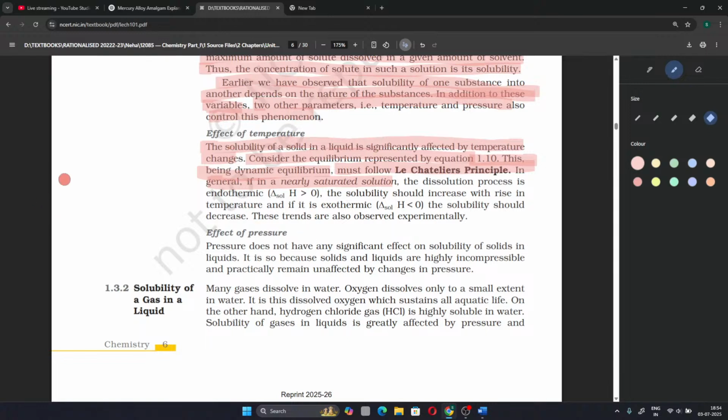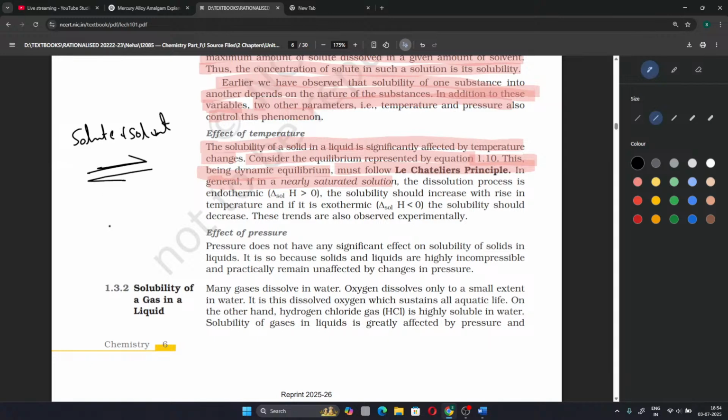Effect of temperature. Let's start reading again. The solubility of a solid in liquid is significantly affected by temperature changes. Consider the equilibrium represented by equation 1.1: solute plus solvent, forward and backward, solution.